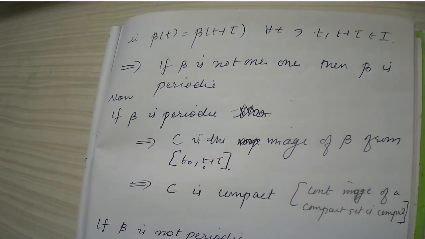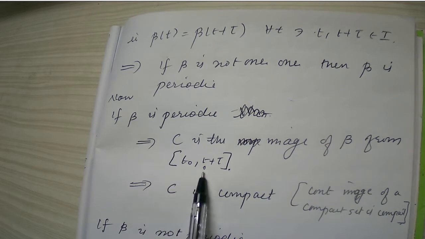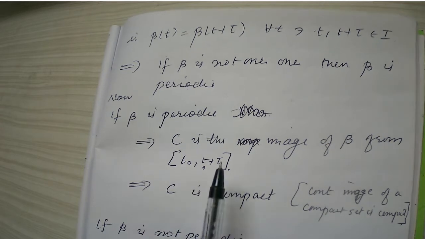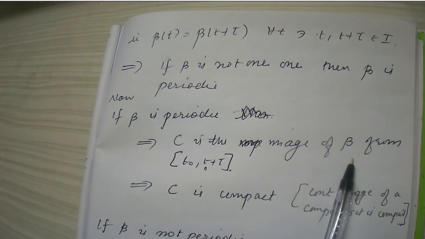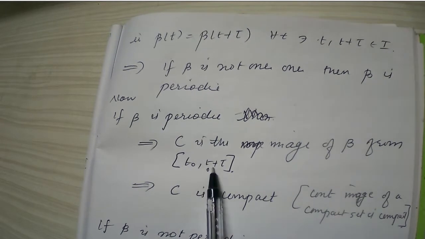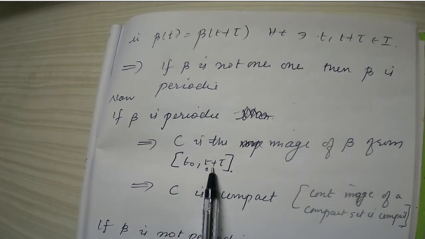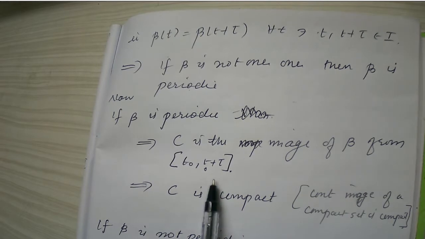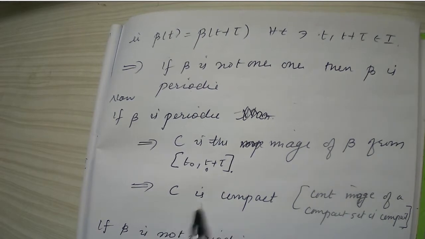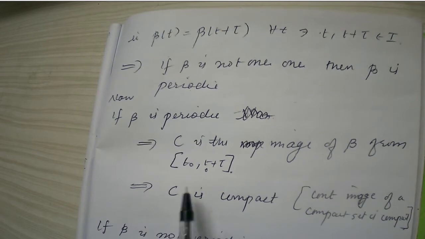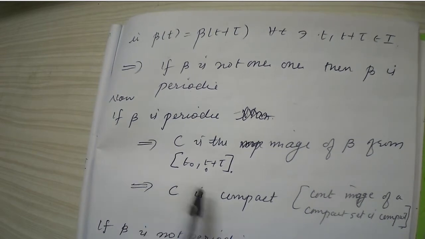So the entire C will be mapped from T naught to T naught plus tau, right? Beta is a continuous map, and this is a closed and bounded interval, so it is compact. The continuous image of a compact set is again compact, so C is compact. So one side is proved: if beta is periodic, then C is compact.